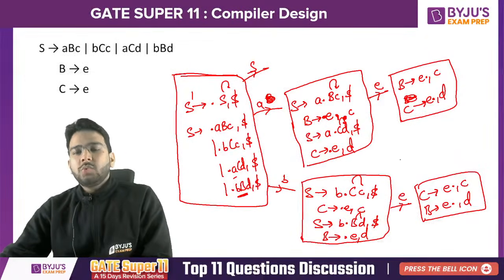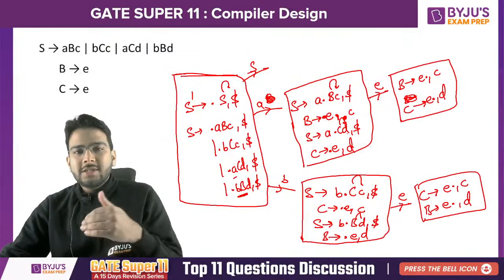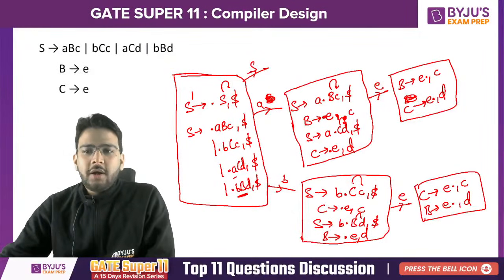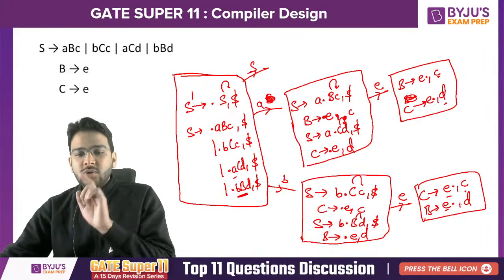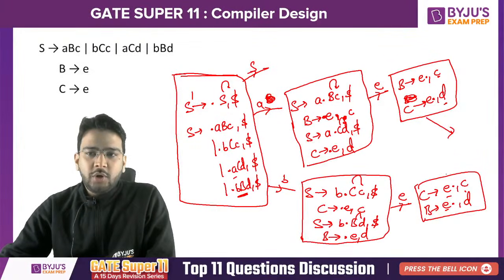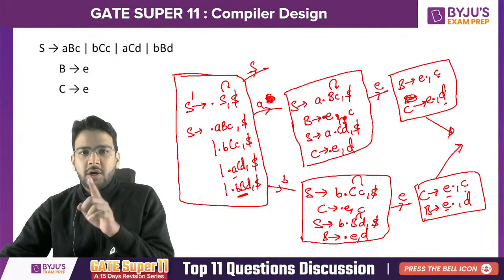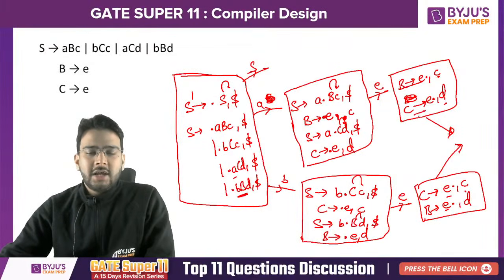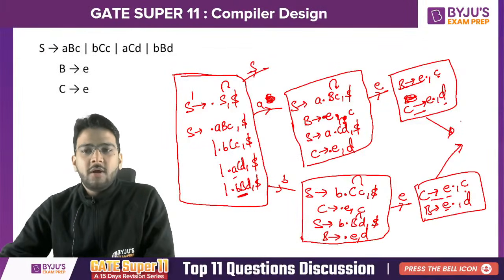So in case of this LR1, or you can say CLR1, there are no conflicts. Why? Because if you talk about these two reduce items, the lookaheads are different, right? But in case of LALR1, if you are going to merge these two states, because merging is possible, the items are same in both the states. What do I get?